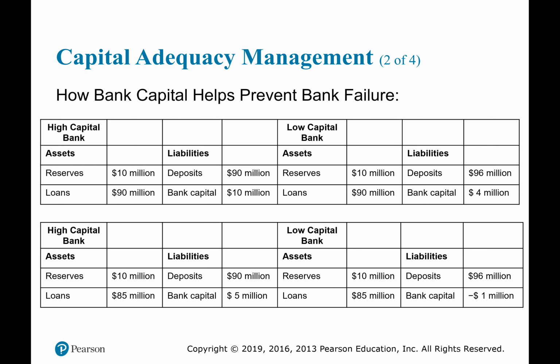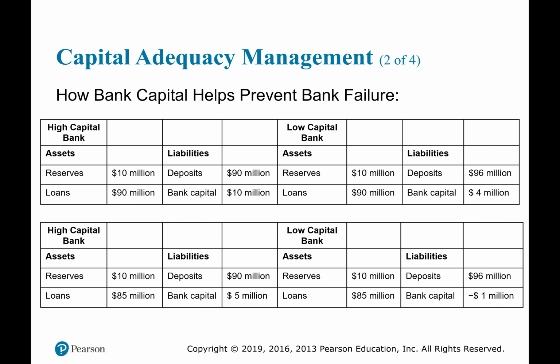Now let's have a look at what happens to the low capital bank when you get 5 million of the loans going bad. Well, same thing on the left-hand side of the balance sheet. Loans go down by the 5 million. On the right-hand side, we have just 4 million in terms of the value of the shares. So we've got to subtract 5 million from the 4 million, and we now have minus 1 million. What does that mean?